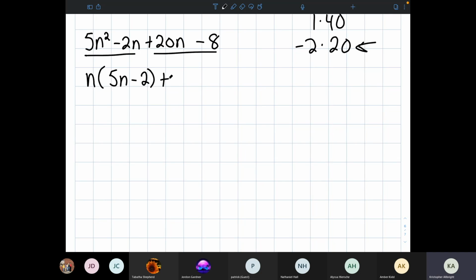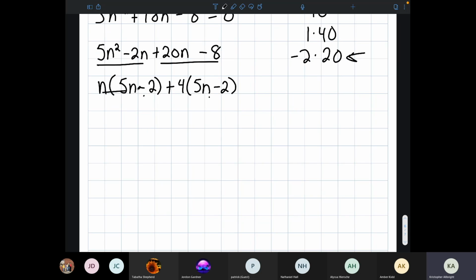Now I'm doing my second set. So I can definitely pull a 2 out. I think I can pull a 4 out as well. So if I pull a 4 out, I get 5n minus 2. These match. They should. So now we do our second step, which is to pull that out again.